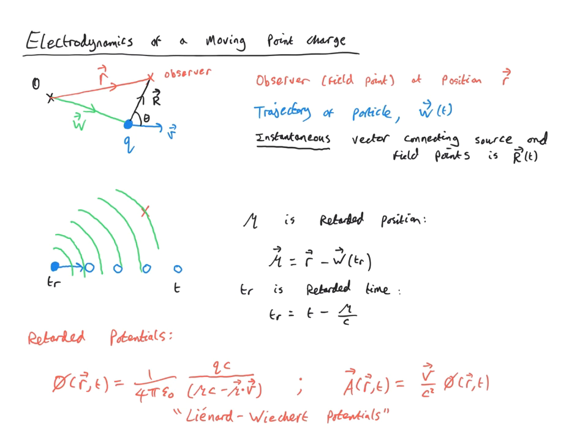Now, instead of writing the expressions for these retarded potentials here in terms of the retarded position, which we needed in order to be able to do the calculation, let's now write it at an instantaneous moment in time in terms of the vector at this particular instant in time connecting the particle to the observer, and the angle between that vector and the velocity of the particle, the direction of travel of the particle.